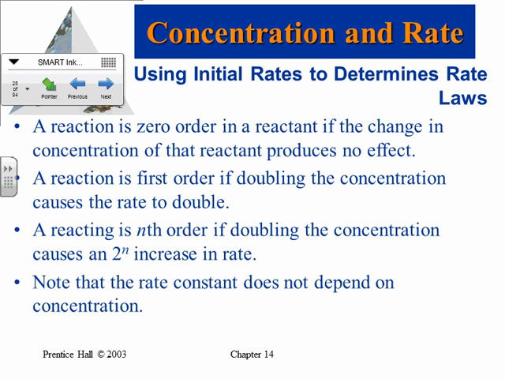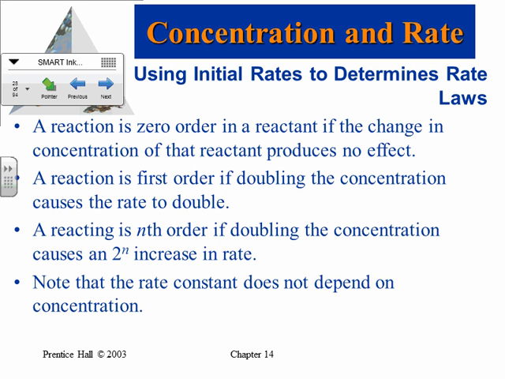Alright, using initial rates to determine rate laws. A reaction is zero order if the change in the concentration doesn't do anything, and I already sort of talked about that. The reaction is first order if doubling the concentration makes the rate double. It's nth order if doubling the concentration causes a 2 to the n increase.